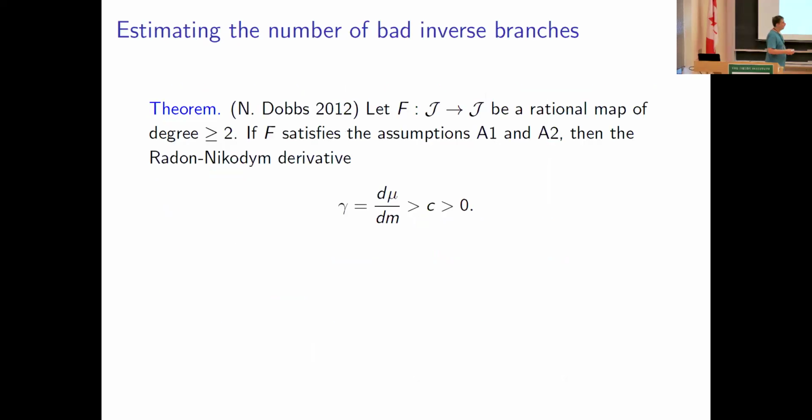Now, to conclude this talk, I want briefly to mention Neil Dobbs, because he is the hero of this talk. So remember when I said that mixing implies orbit counting? I lied. Mixing implies orbit counting of good preimages. Preimages which are univalent in a quantitative way. So we have to estimate the number of bad preimages.